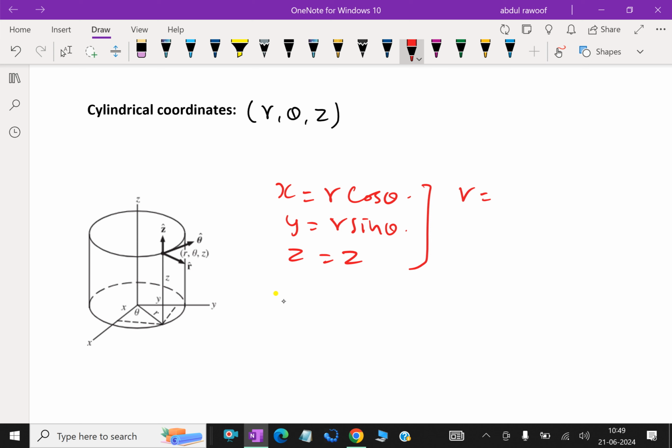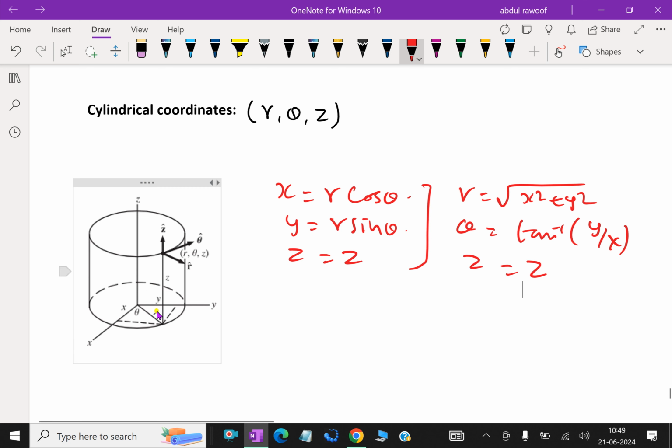Then r equals square root of x squared plus y squared, theta equals tan inverse y over x, and z equals z. That means z is the center axis of the cylinder. These polar coordinates in the Cartesian system come first, and from that the cylindrical coordinates are obtained.